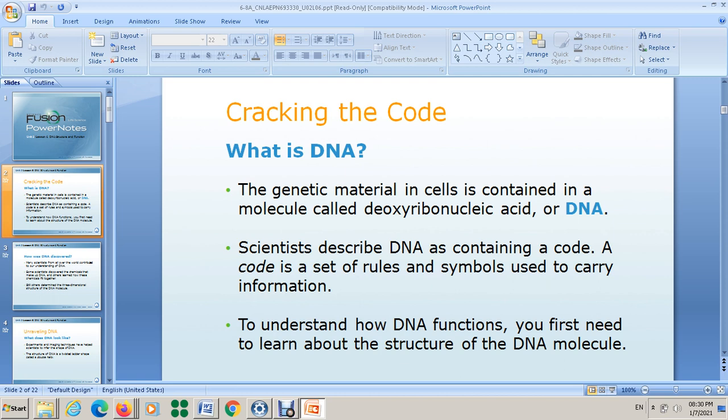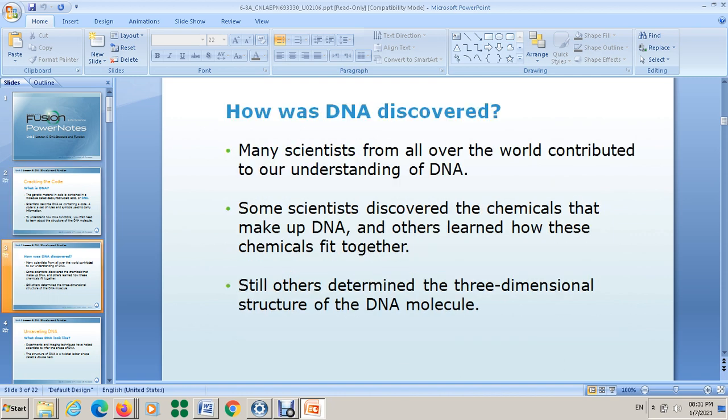Before we start to talk about the structure, how did the scientists find the structure of the DNA? Did they find it overnight? No, actually many scientists from all over the world contributed to our understanding of DNA.